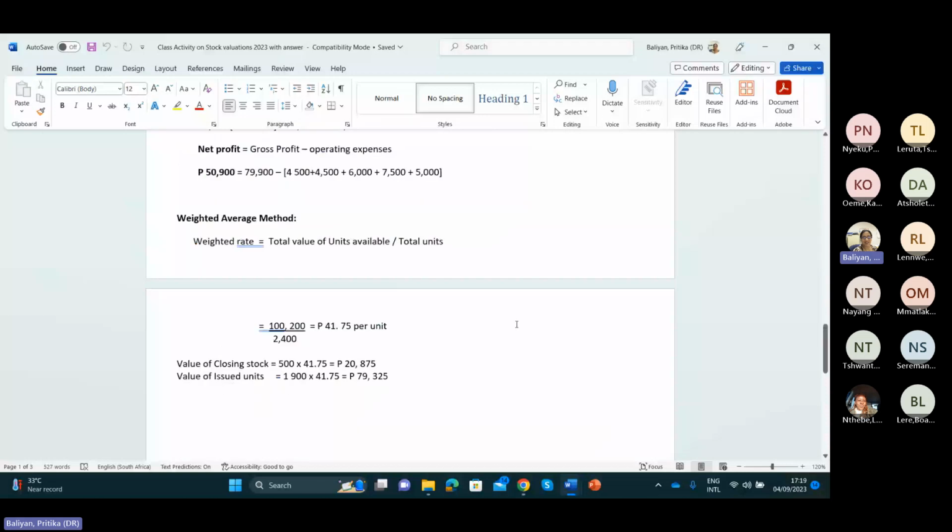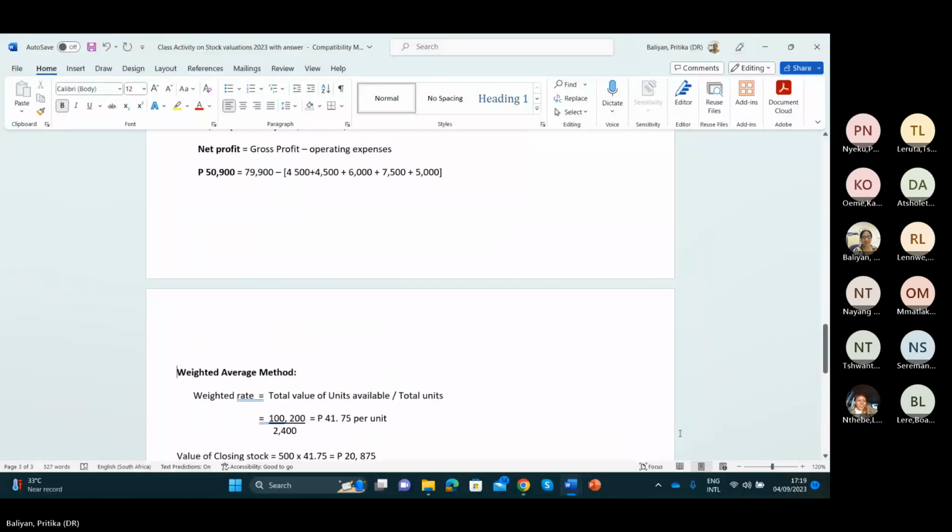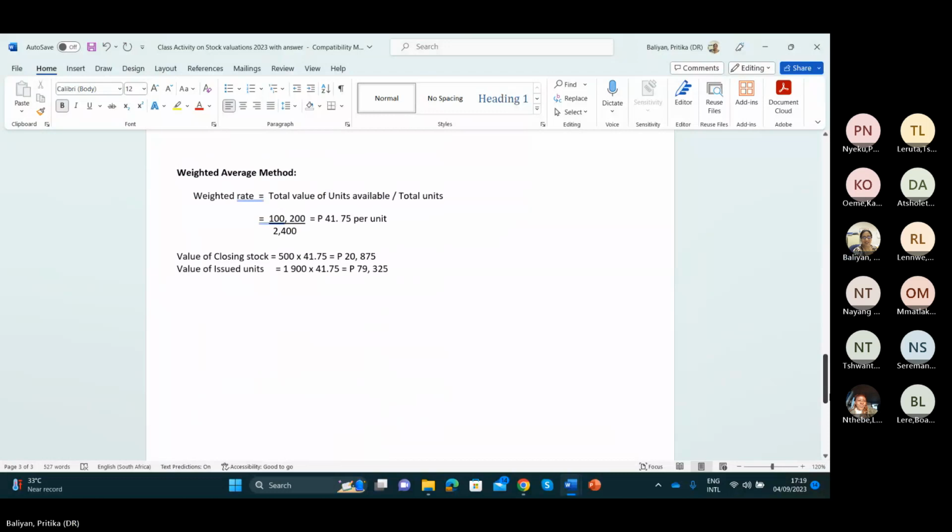Under the weighted average method, we calculate a weighted rate, which is very simple to determine. We just calculate the value of units available during that time period in the business. So we multiply each quantity purchased at various times with their respective rate and then add them.